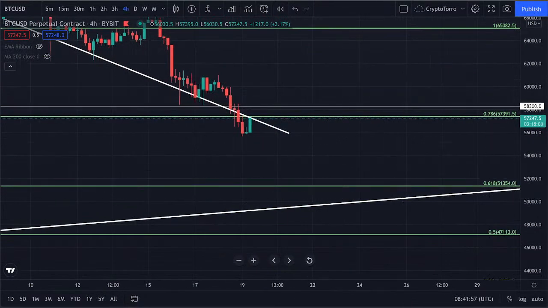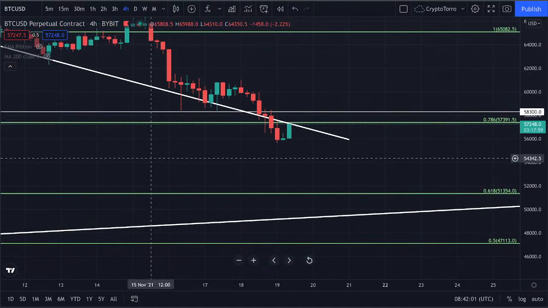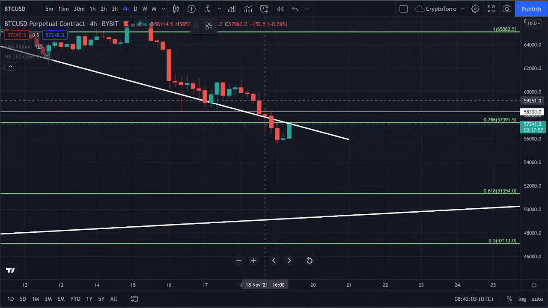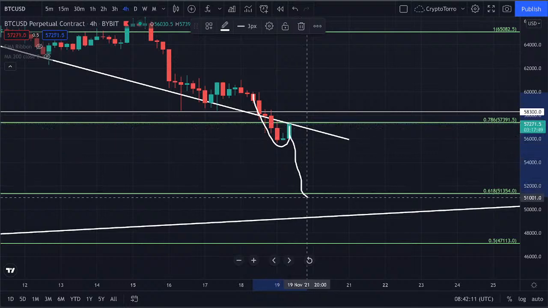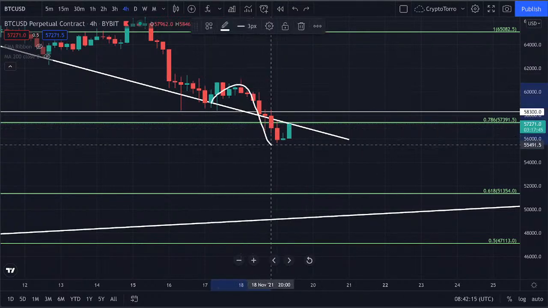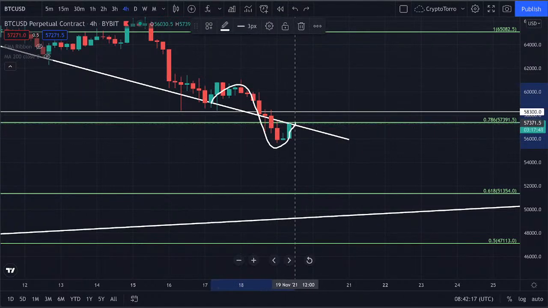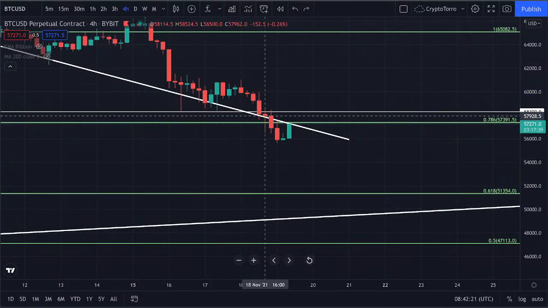Option one is that we are retesting this range as a level of resistance, and we will see further continuation towards the downside. So we broke down below it, we are retesting it as resistance, and we will break down even further towards the downside.